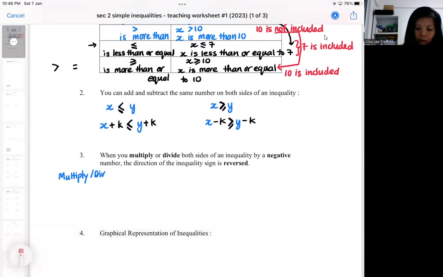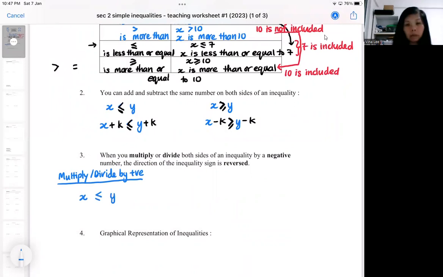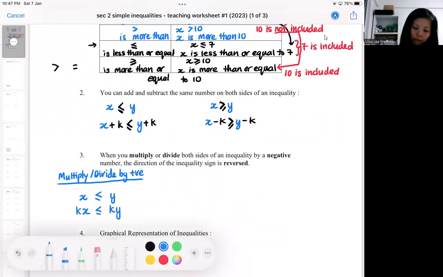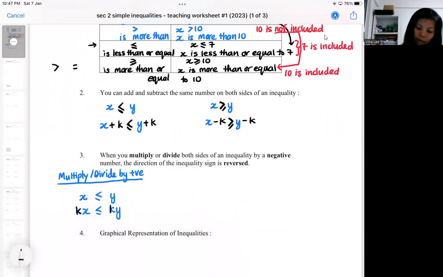If you multiply by a positive, it doesn't change the sign. So if k is positive, the sign doesn't change.